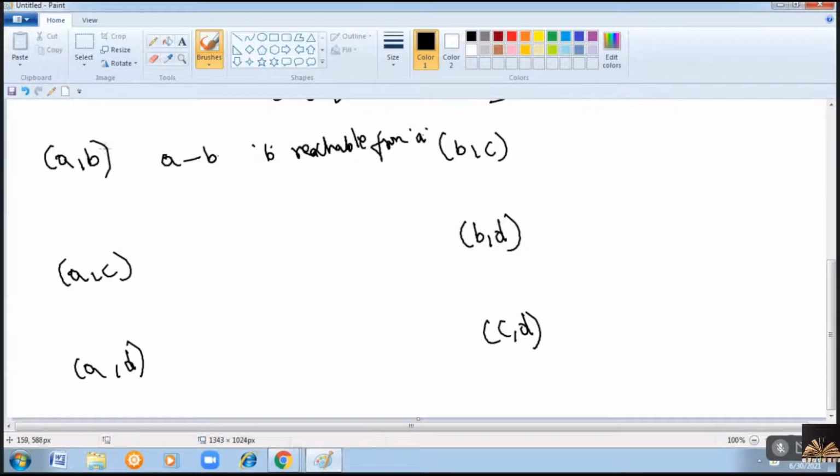Either A should be reachable from B or B should be reachable from A. So one is satisfied. Therefore, it may be unilaterally connected.